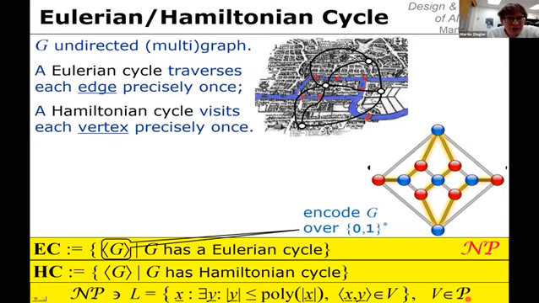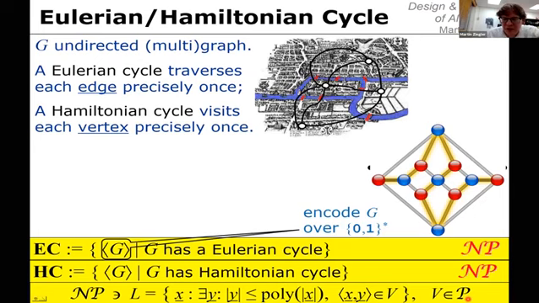So to move on, this is a formalization of the Hamiltonian cycle problem. It basically looks the same as the Eulerian cycle problem, EC and HC, and we've seen that both belong to NP.